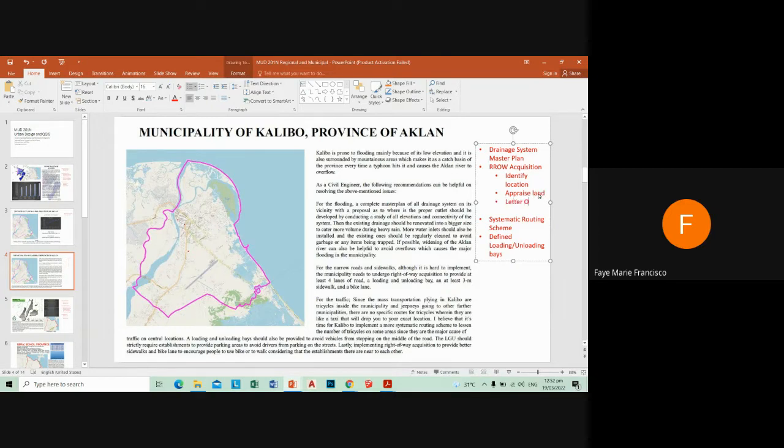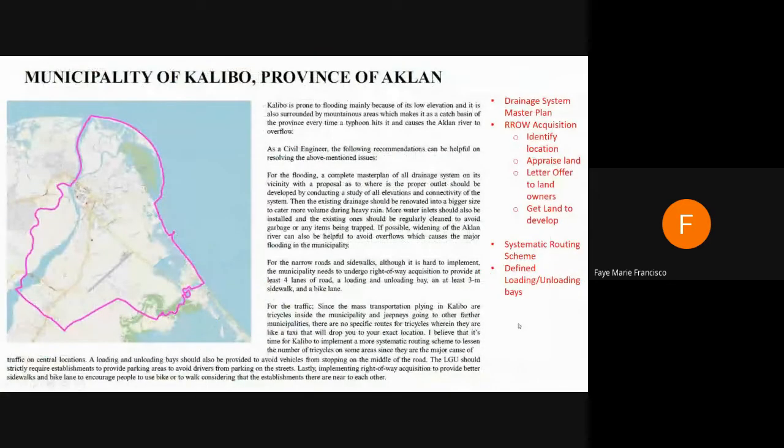Sometimes the tricycle drivers and private drivers just stop anywhere on the road, which causes traffic, because it becomes like 2 lanes from 4 lanes, as the outermost lanes are used for parking.